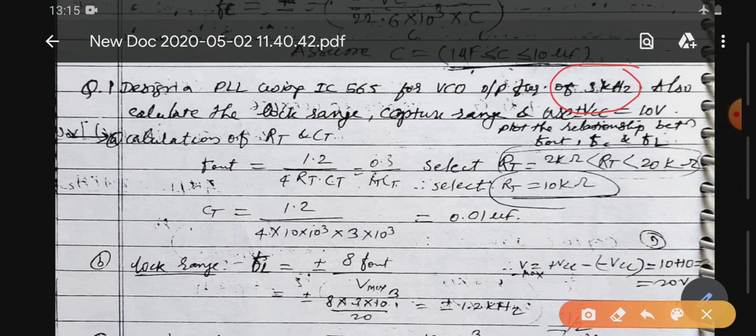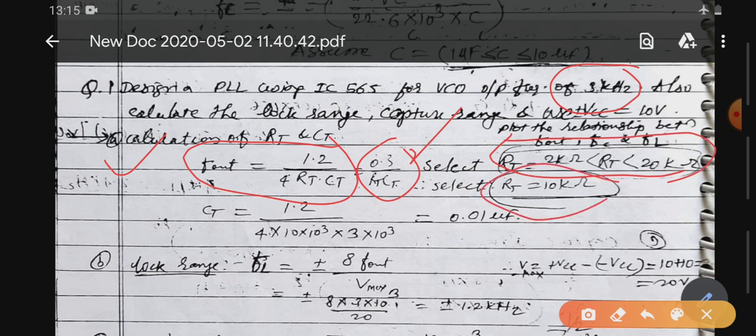Second step, calculation of RT and CT. The formula is known to you. F out is equal to this formula, which can be further modified as 0.3 divided by RT CT. Finally you can keep in mind this formula, 0.3 divided by RT into CT. As per the guideline, RT can be selected between 2 kilo ohm to 20 kilo ohm. So let us select RT equal to 10 kilo ohm.